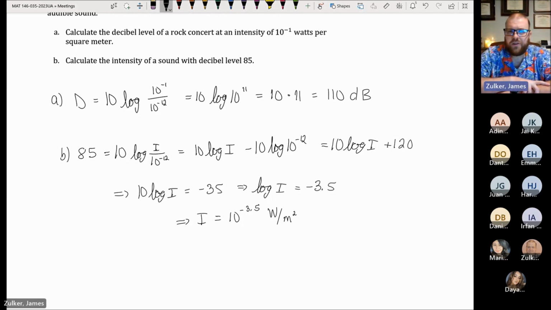On what, the models? Or just logarithms in general?